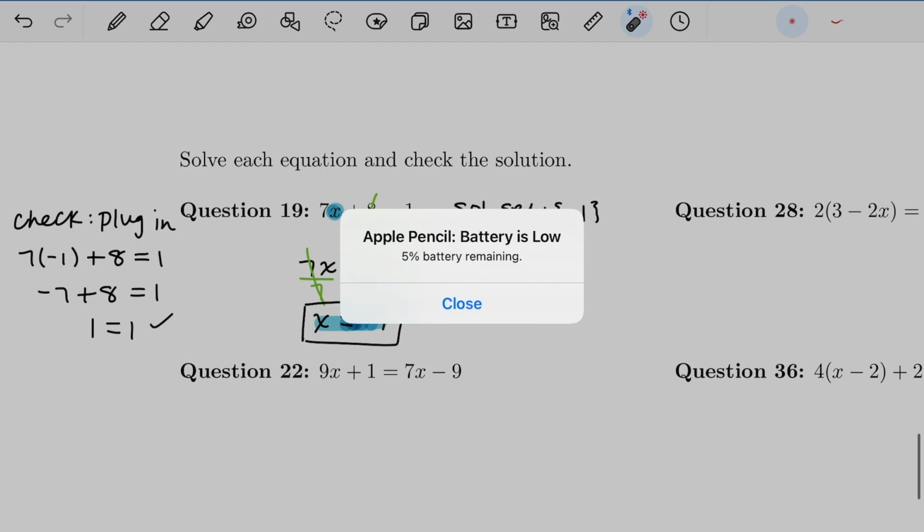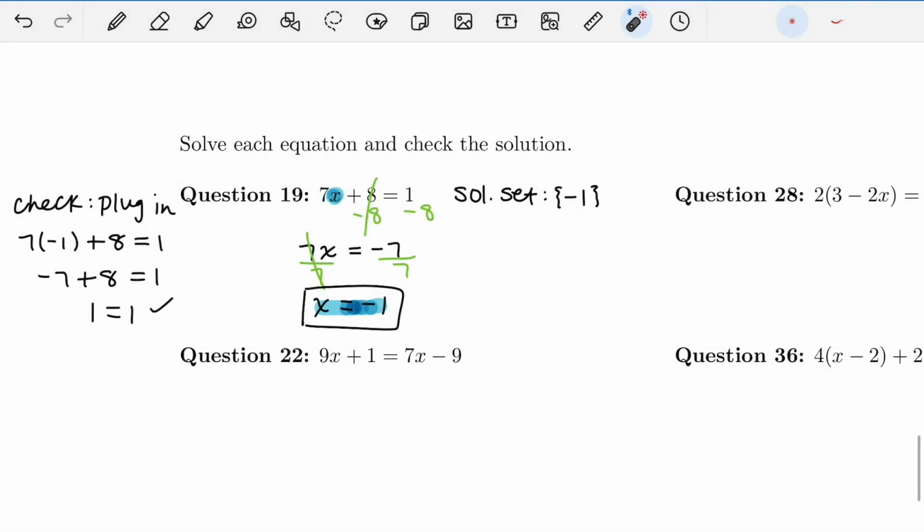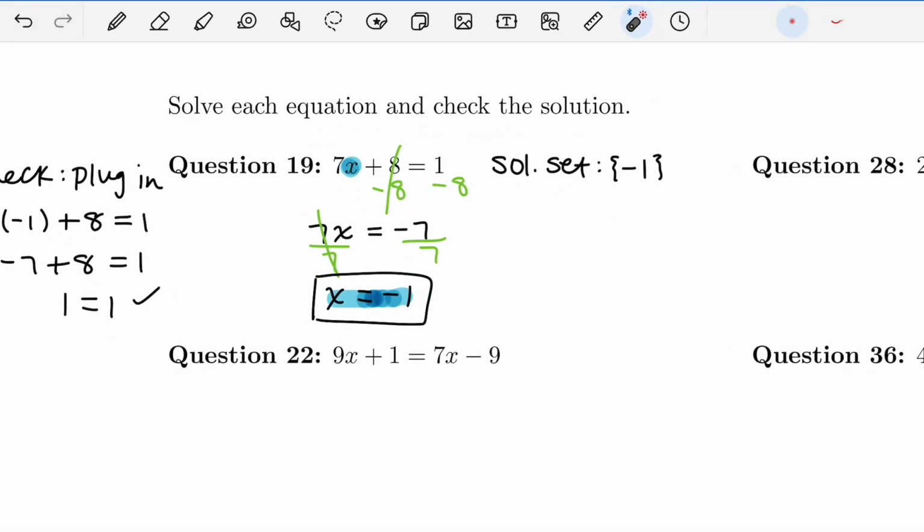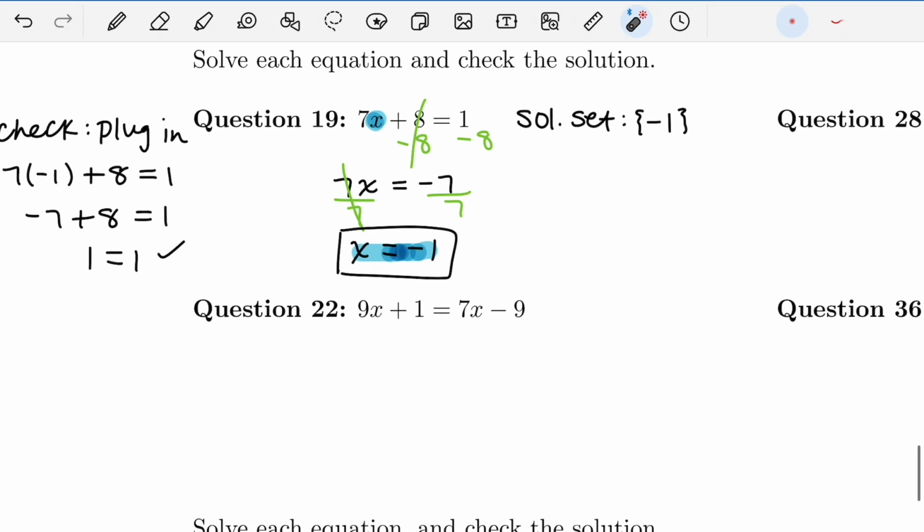All right, let's do question 22 now. In this case here, we have 9x plus 1 is equal to 7x minus 9. So in this case here, what we're going to utilize is combining like terms. As you should know, terms are called like terms if they have the same variable raised to the same power.